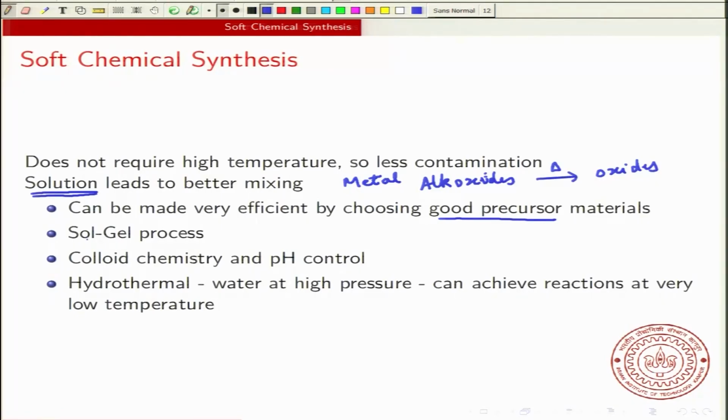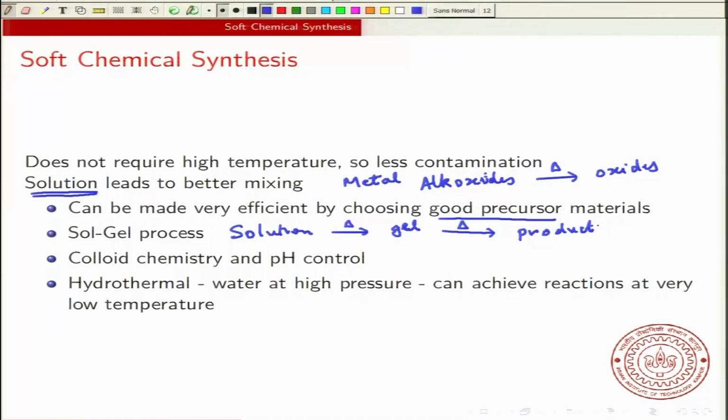You keep evaporating, and it forms a gel. So you go from solution, by slowly heating, to a gel. And this gel is heated at high temperature to get your product. This is called a sol gel method, where the mixing is done using a solution, and then you condense it to form a gel.